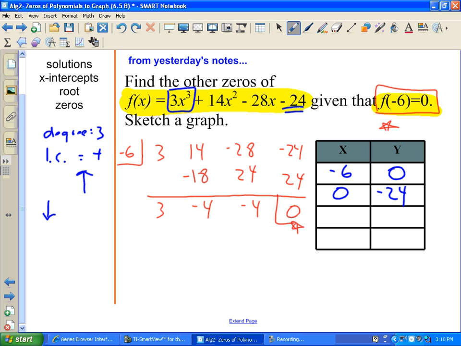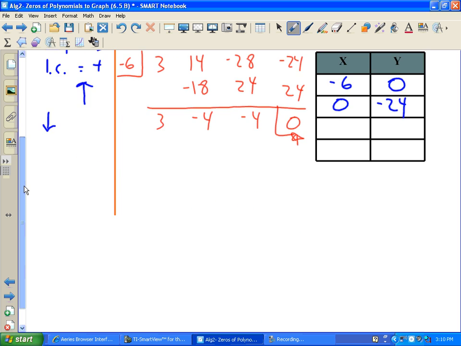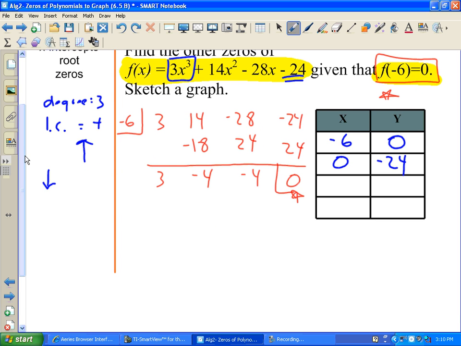Now, I've taken out an x, a 0. So that means we've gone from 3x cubed plus 14x squared, we're going to go down to an x squared. I'm going to write that new expression, which is going to be 3x squared, I'm getting it right from these, minus 4x plus 4. That's what happened when I synthetically divided it out.